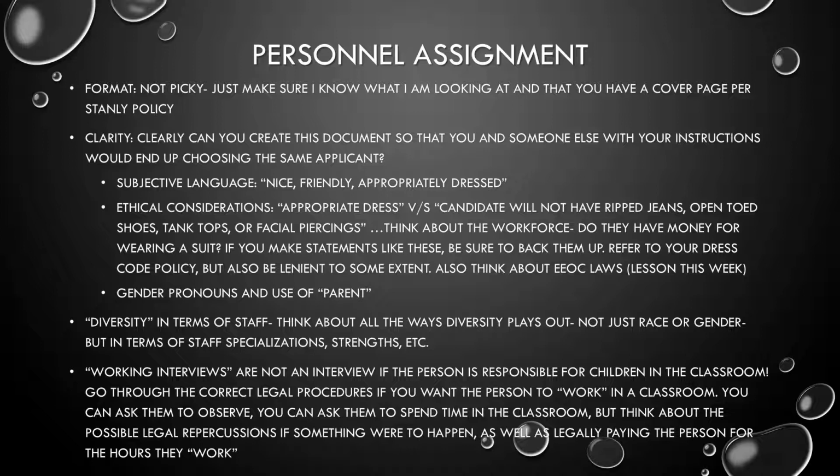So if you're going to go there, make sure that you are specific. And along with that, you need to be sure to back those up. Think about the link for equal employment opportunity laws. That is in the lesson this week. And also, if you're going to say things like that, include a dress code policy for staff and explain why you do it.